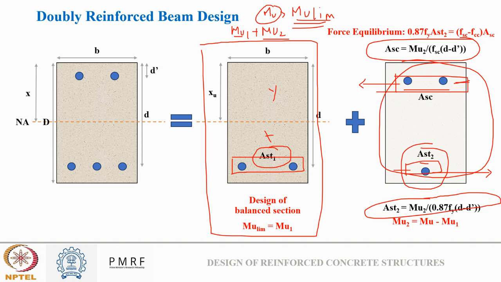If the strain value is different, the stress value will be different, and correspondingly the area of steel that we are calculating will be different. So this is how we do the calculations.